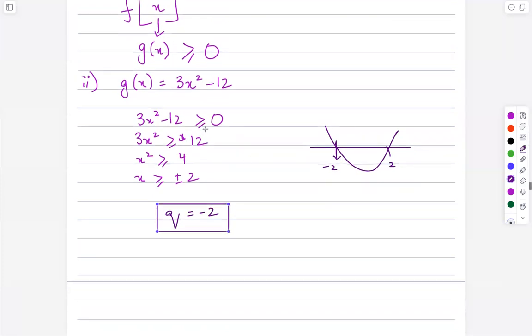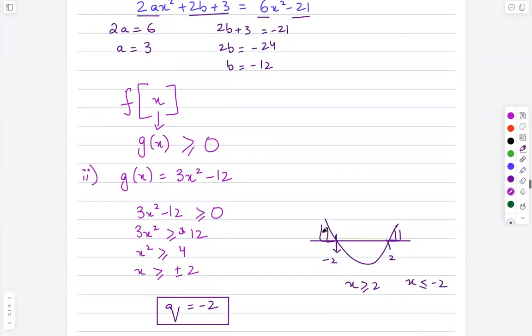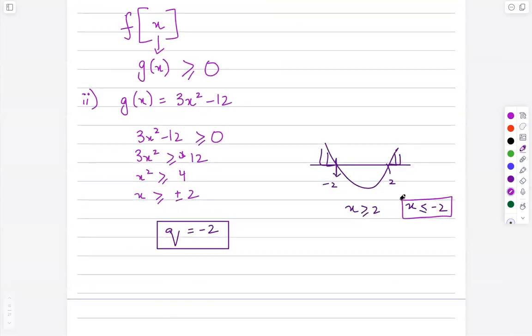Now, for this to be greater than 0, it would have been greater than 2. So we would have taken the values x greater than or equal to 2 and x less than or equal to minus 2. As the question states that x has to be less than or equal to q, we'll have to take this value, which is minus 2. So q will be equal to minus 2.